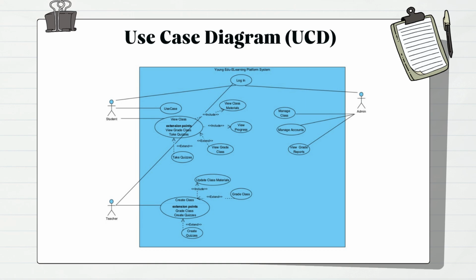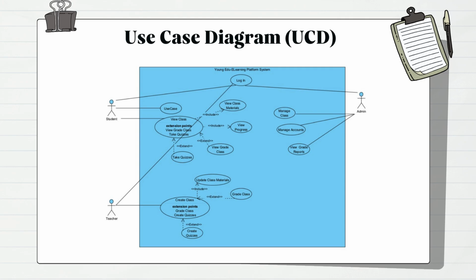Administrators oversee the system by managing accounts for both teachers and students, managing classes created by teachers, and viewing grade reports. The flow of activities starts with teachers logging into the system to create and manage the classes, followed by students logging in to enroll in and interact with the classes. Administrators ensure the system's smooth functioning by managing accounts and providing support.